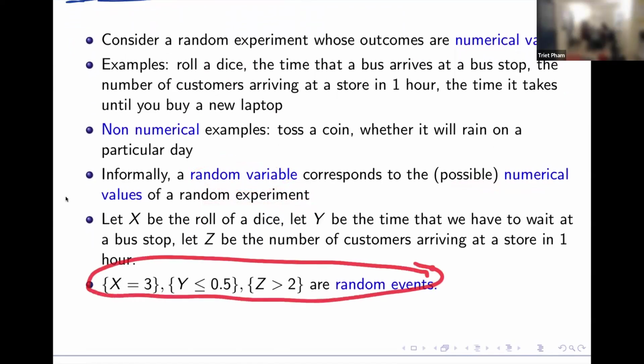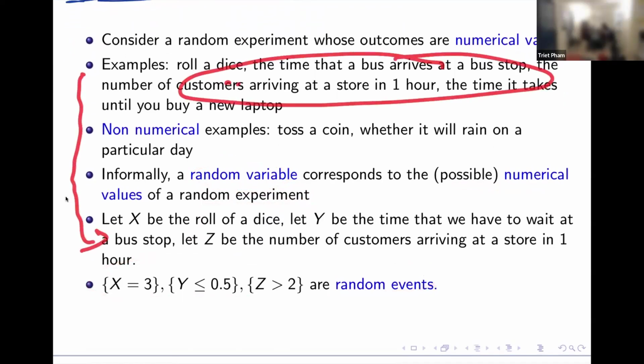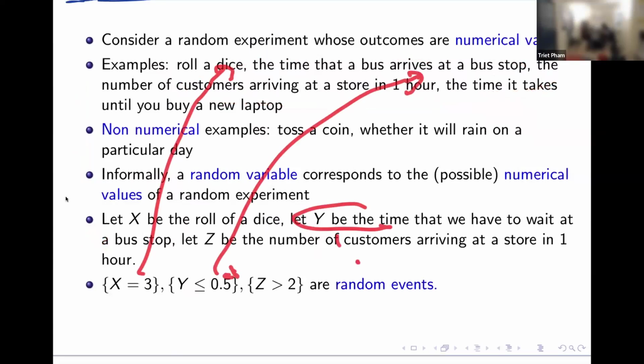So here, we look at the examples that naturally have numbers attached to them. Roll a dice, the time the bus arrives, which we call Y, and the number of customers.